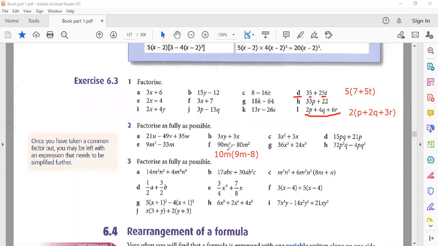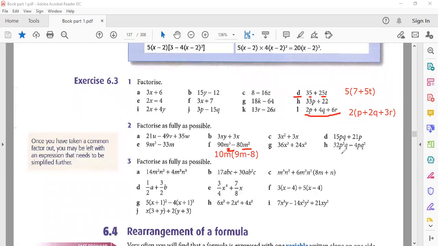So here is 10m square, and here is 9m, and 8 is left because m square is already taken out. How do I know how many m? I just take common the minimum number of m. You check how many m's both have, minimum. So 2 m's are minimum, so that's why I take common 2 m's. Otherwise I would just take 1 m common.